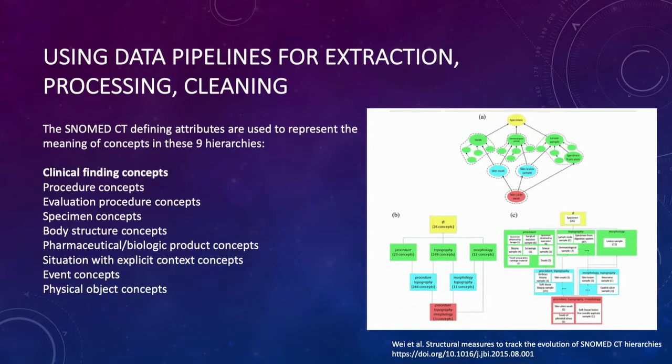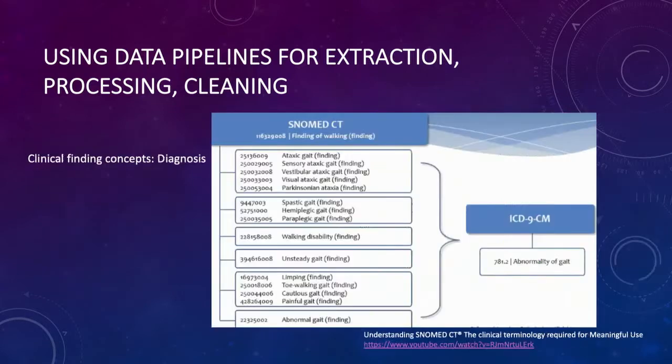So there's clinical finding, procedures, evaluations, specimens, bodies, pharmaceuticals, the situation with explicit context, events, and physical objects. There are over 100,000 unique concepts. And it is the closest way that we can use the electronic health record to reflect what happened or what's going on.